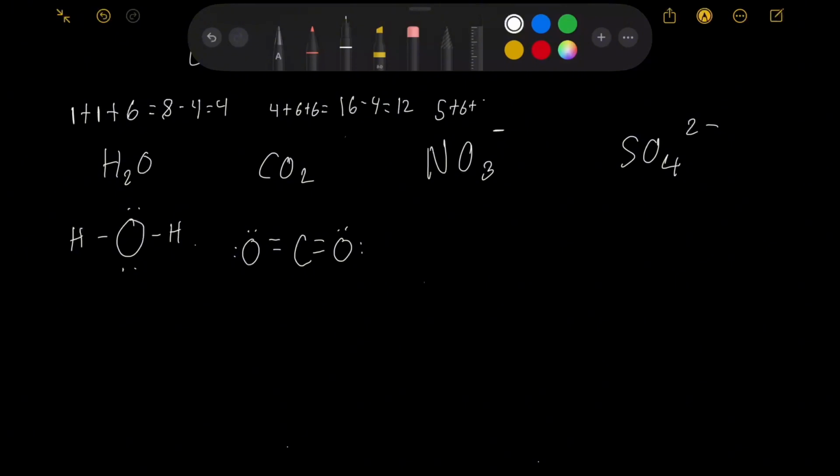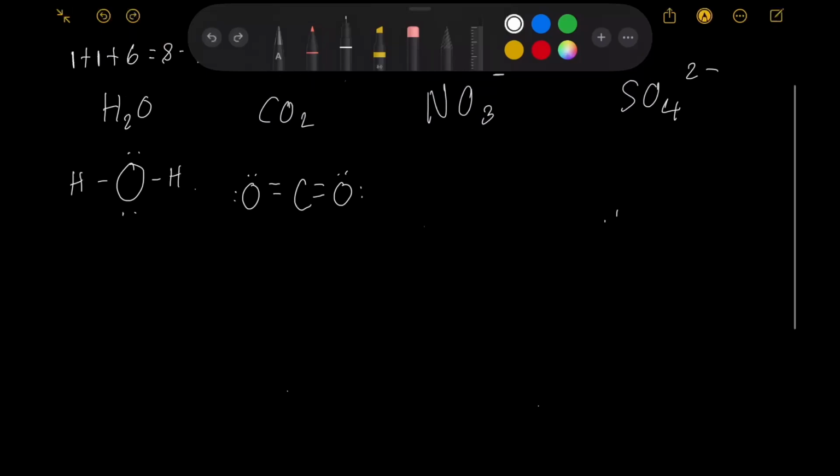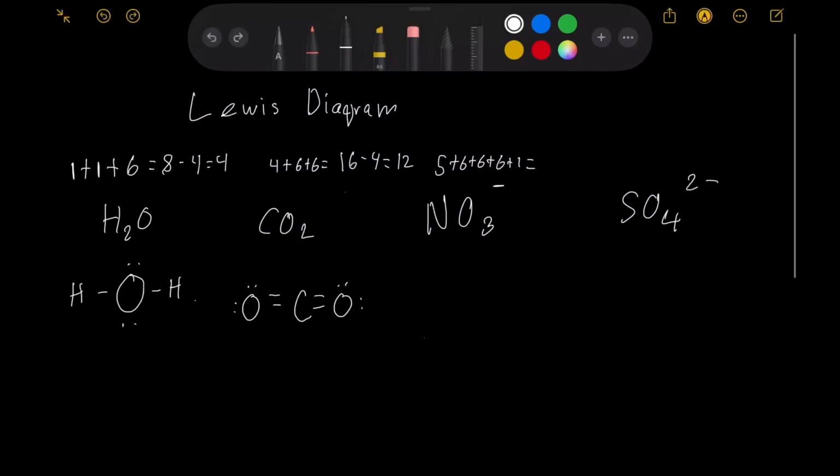Each has 6. And remember, it is an anion, meaning that it has gained a specific amount of electrons. In this case, only 1 electron. So this in total has 24.